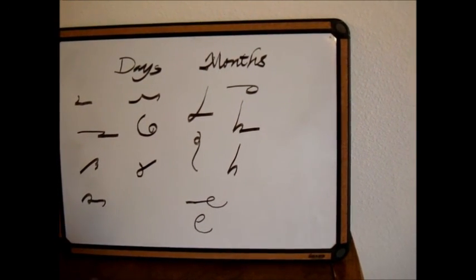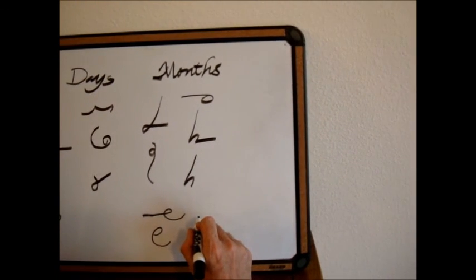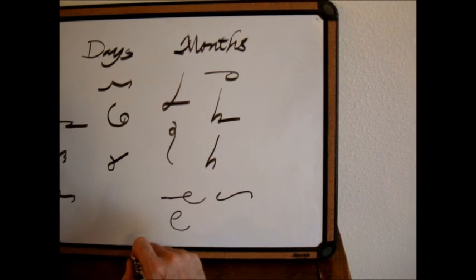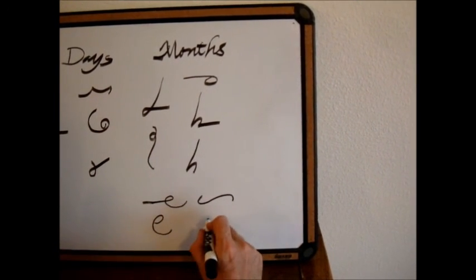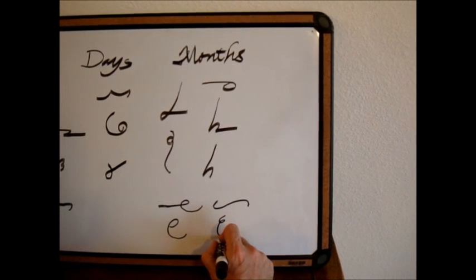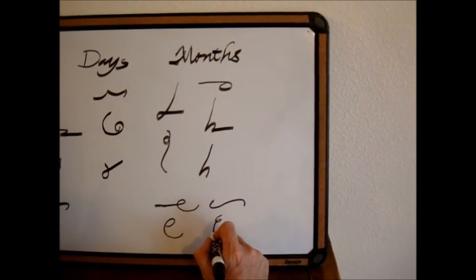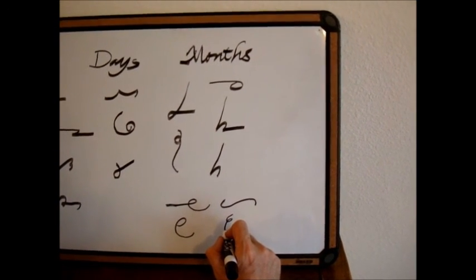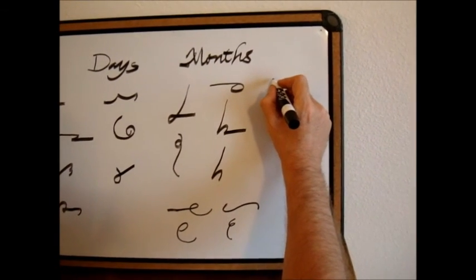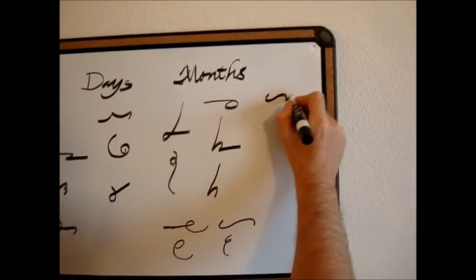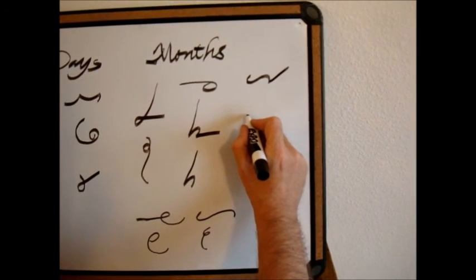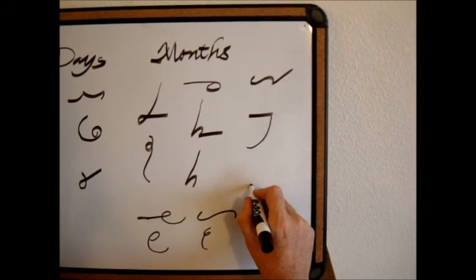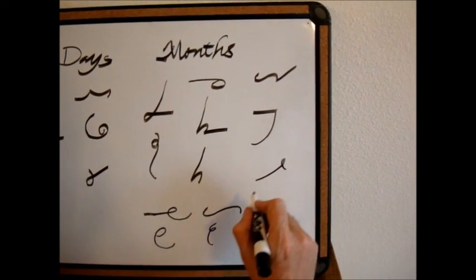You might want to put in JUL if you want to correspond more with longhand. June, July, so August, he's got AUG, and September is SEP, and then we have October, OKT, and November, and December.